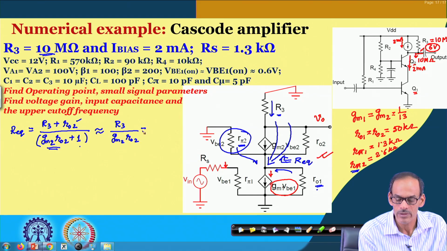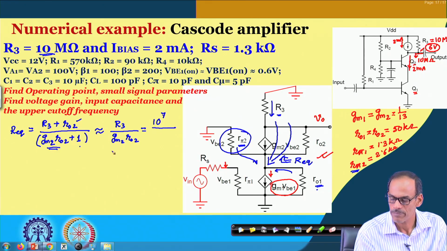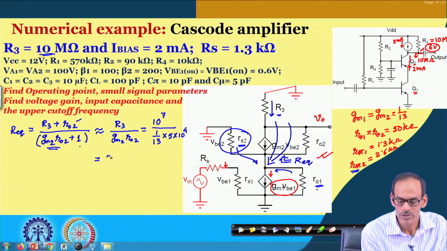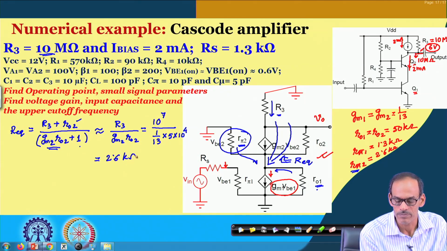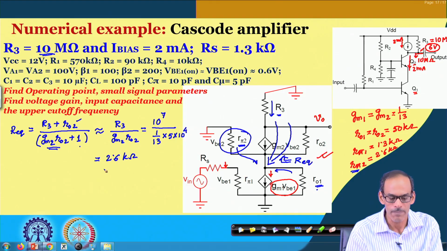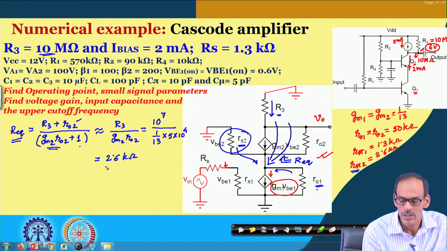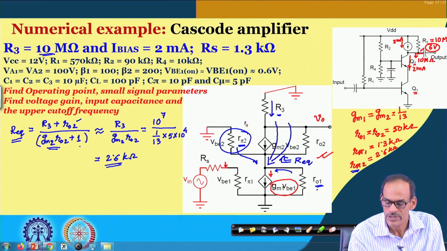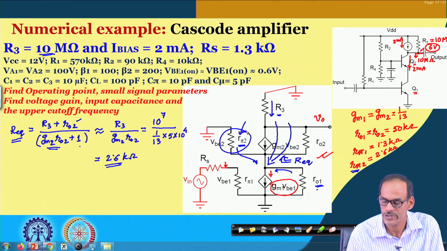If you put the values here, namely 10 mega ohm, 10 to the power 7, divided by gm2, which is 1 by 13, and ro2, which is 50 K, 5 into 10 to the power 4, that gives us 2.6 K ohm. In fact, that is how I picked up the value. So, this R equivalent is the same as the numerical value we have for rπ2.